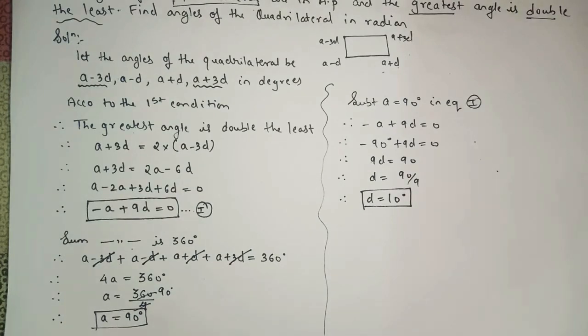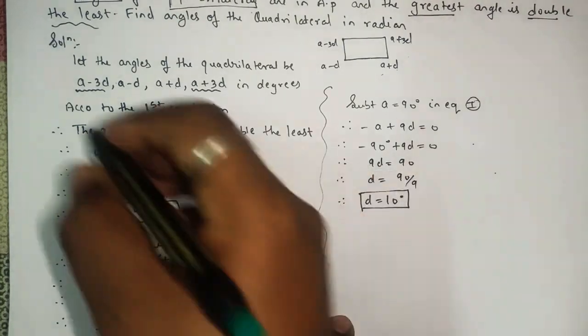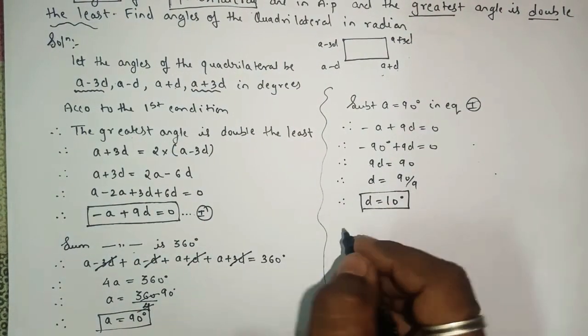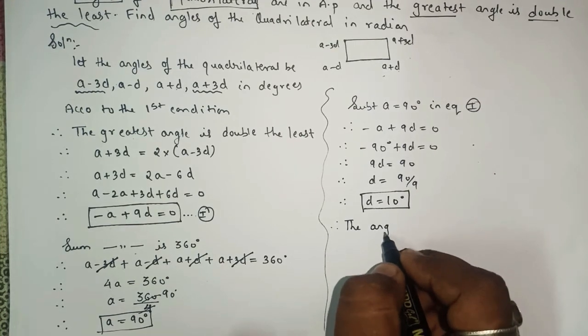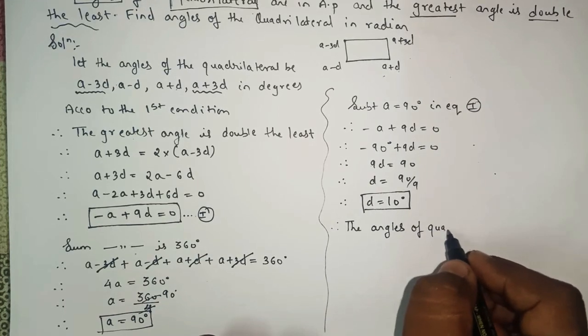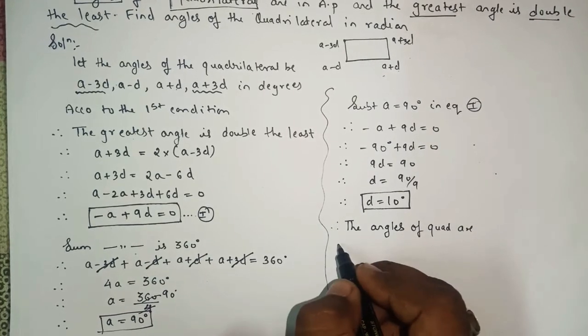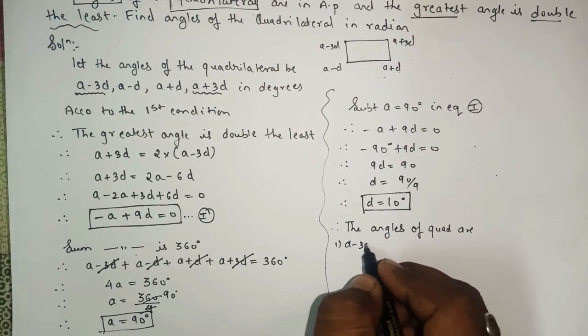So now here we got the answer of A as well as D. So now easily we can find our four angles with respect to A and D. So therefore you will write the angles of the quadrilateral are, the first one is A minus 3D.